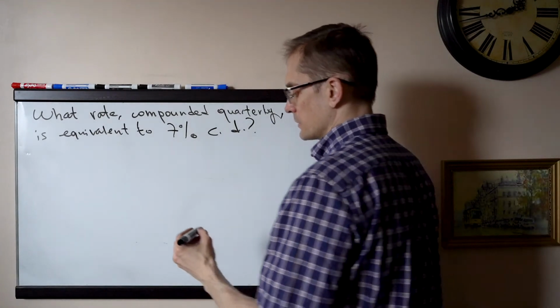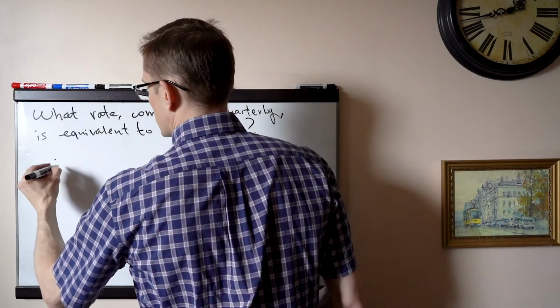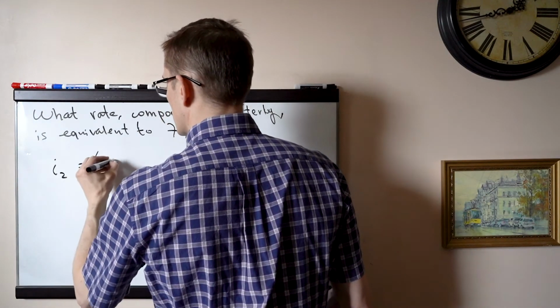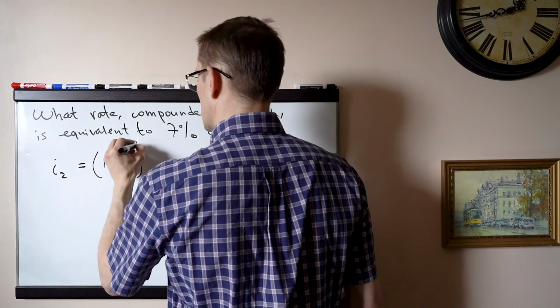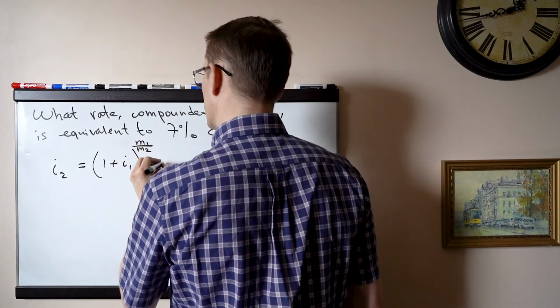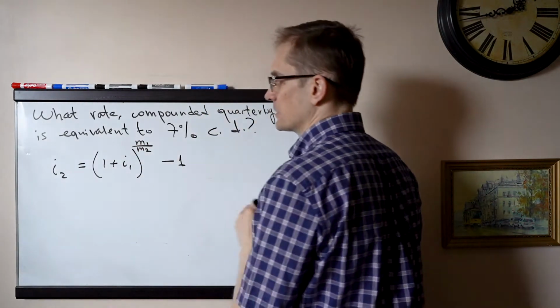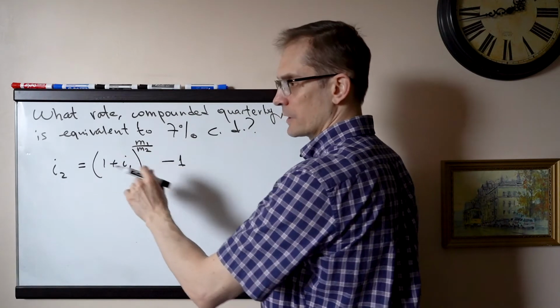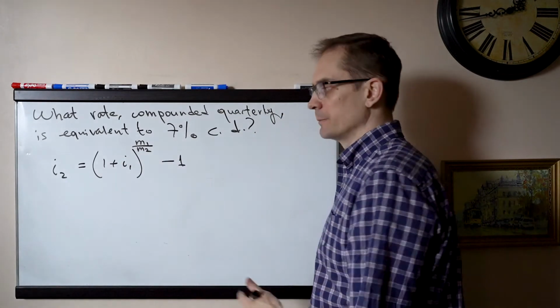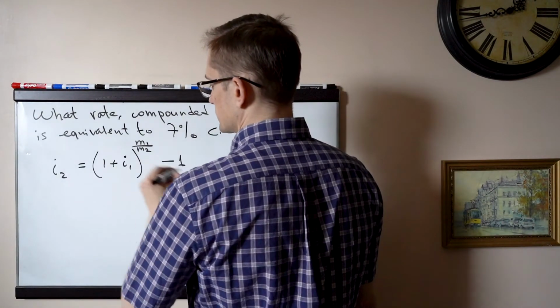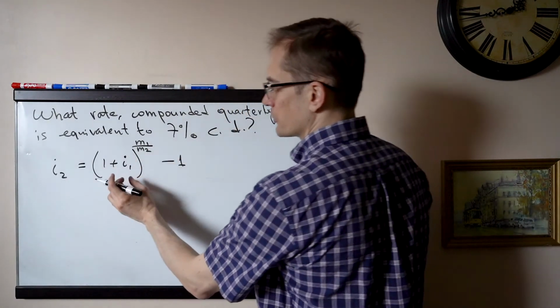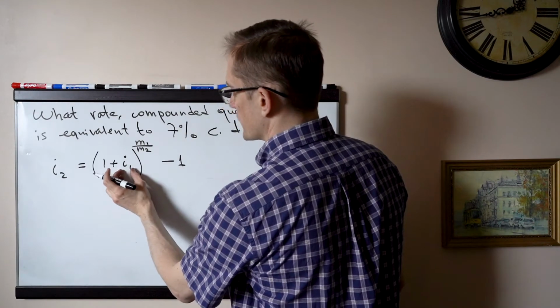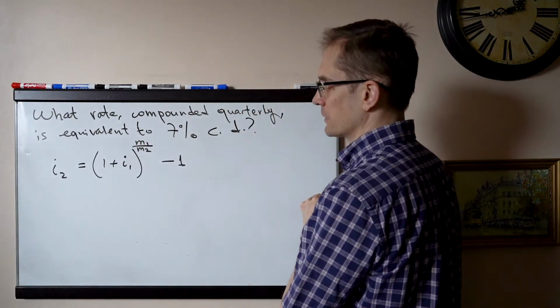Okay, so let's remind ourselves that formula. So I2 is (1 plus I1) to the power M1 divided by M2, minus 1. Sometimes this subscript 1 is not written, it's just I without 1, which means it's the first I. But it doesn't matter, as long as you understand that this I1 stands for the known periodic rate, right?